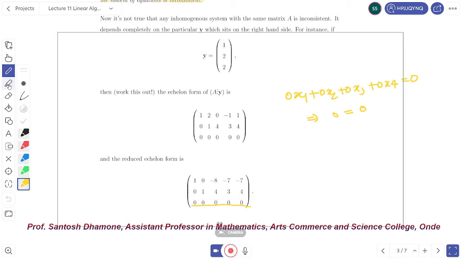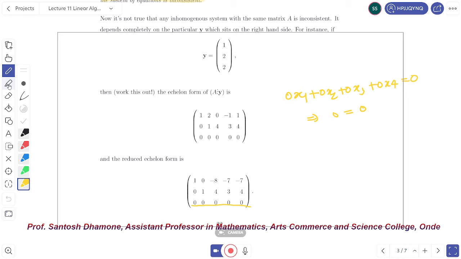Therefore, we get equations 1, 2, 3, and we get equation 2 as x2 plus 4s plus 3t is equal to 4.